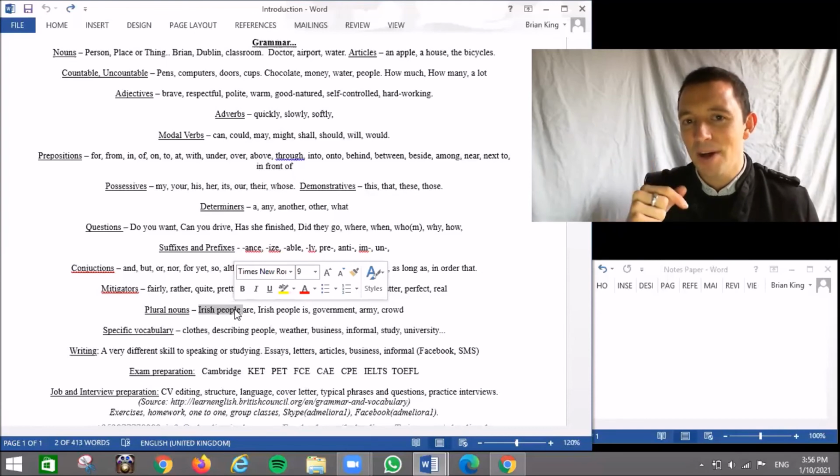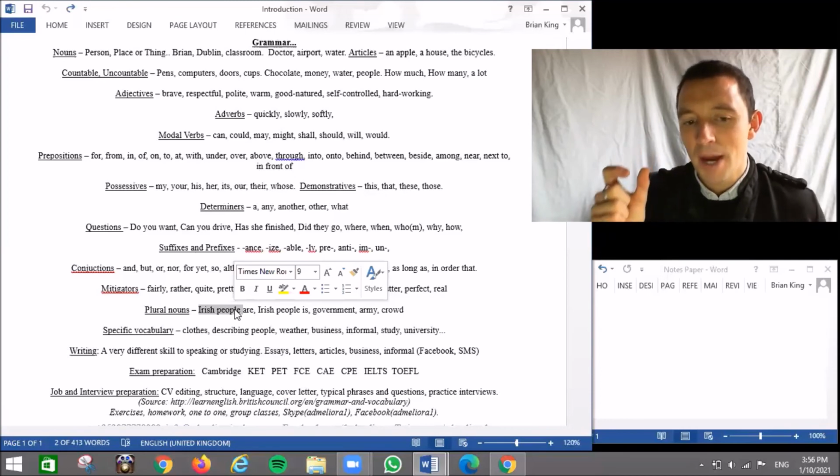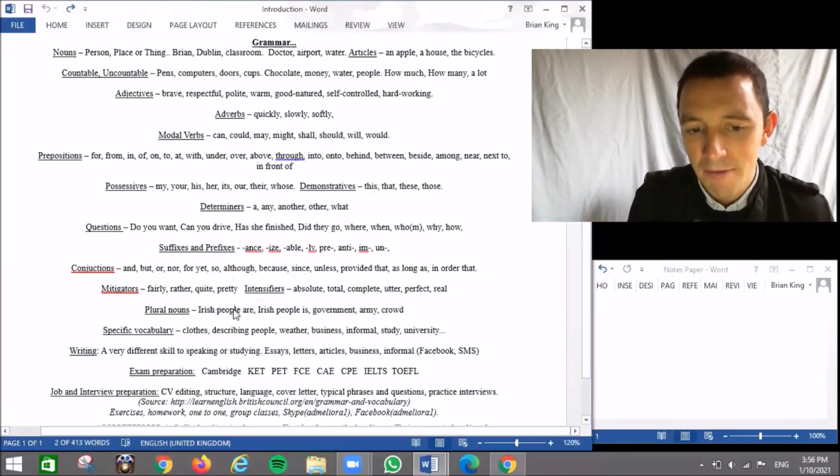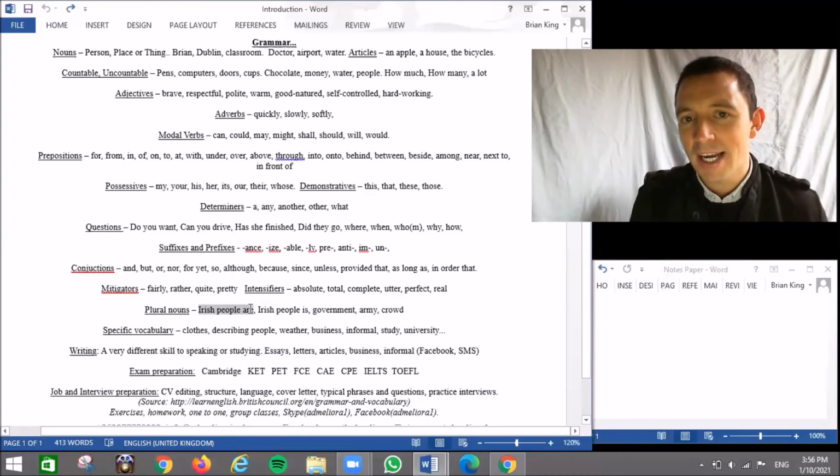But in English, it is possible to use singular in the concept of Irish people como uno, pero normalmente y más regular es Irish people are, okay? And that's very, very obvious and very important when you're learning English and when you're speaking English. So the most typical is Irish people are. Irish people is possible, but not very typical, okay?